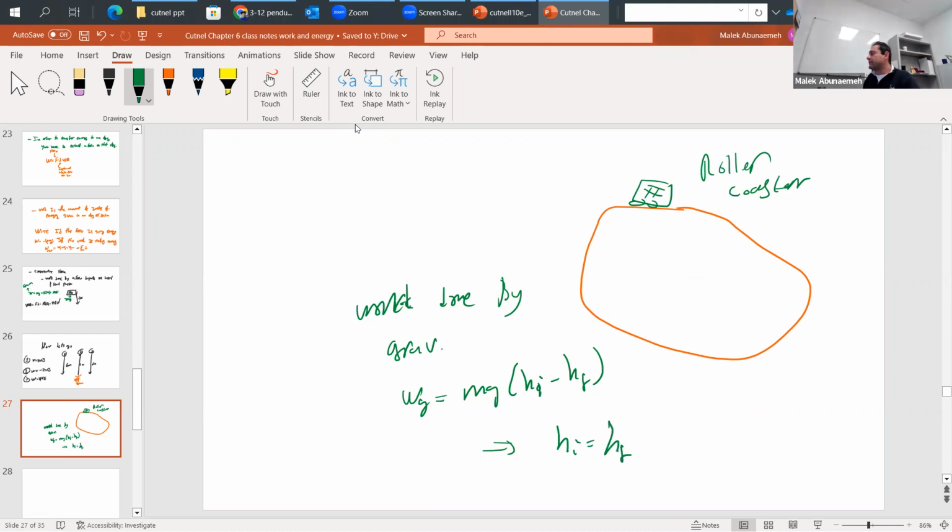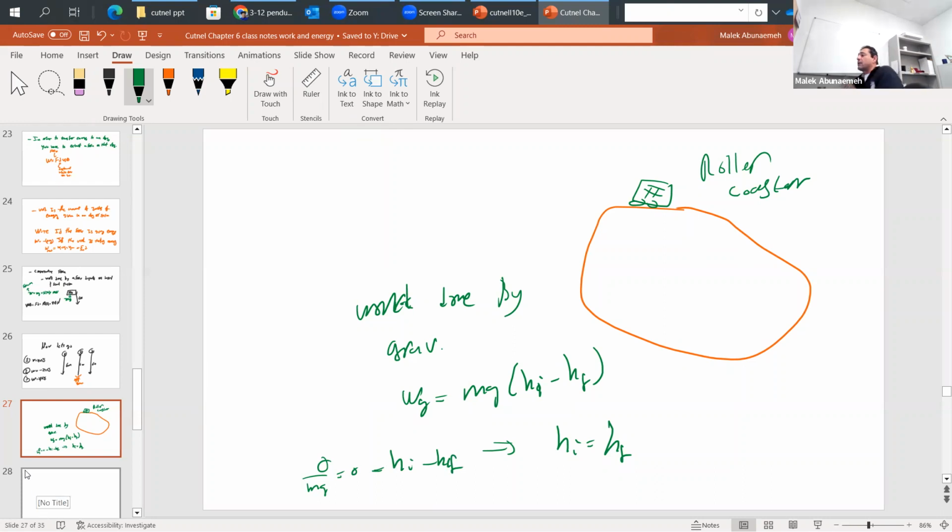For your work, because you're starting off and coming back to the same point, your work is going to equal 0. So when this equals 0, 0 over mg equals 0, which equals hi minus hf. That's why your initial is going to equal your final.